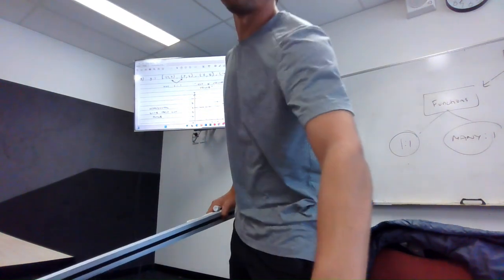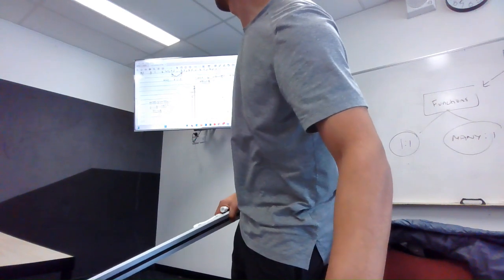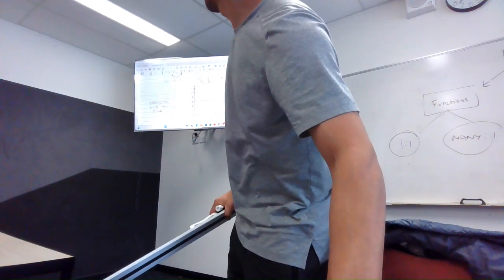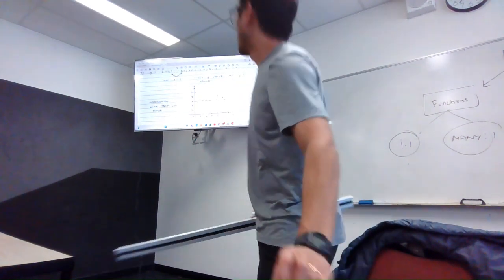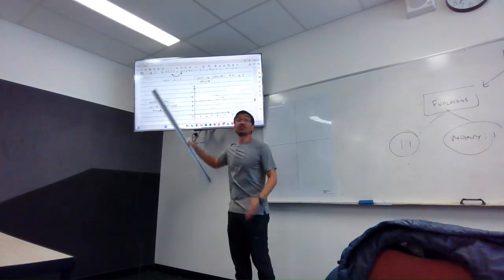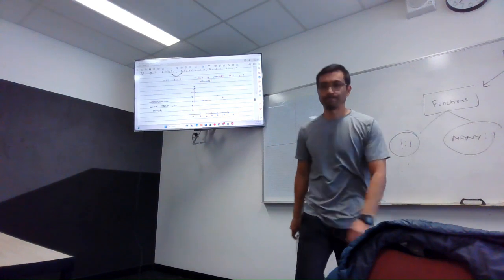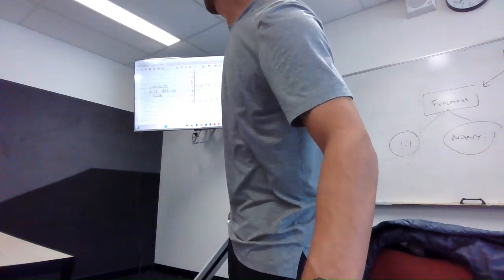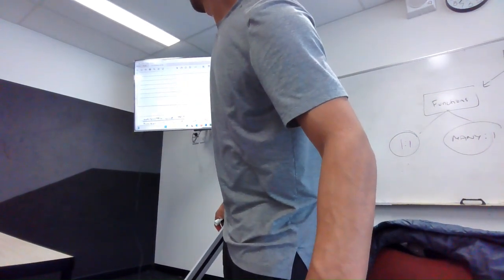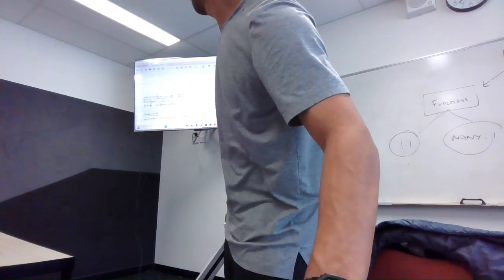Being cut twice for the horizontal line test. Okay. So we classify that as not one-to-one. Obviously, it's many-to-one.